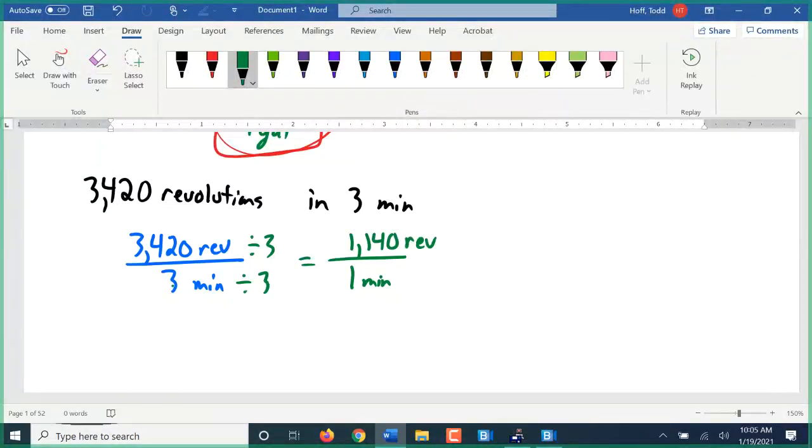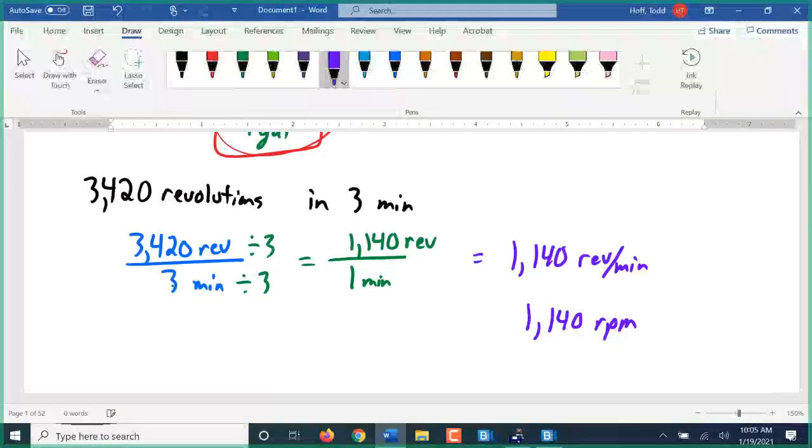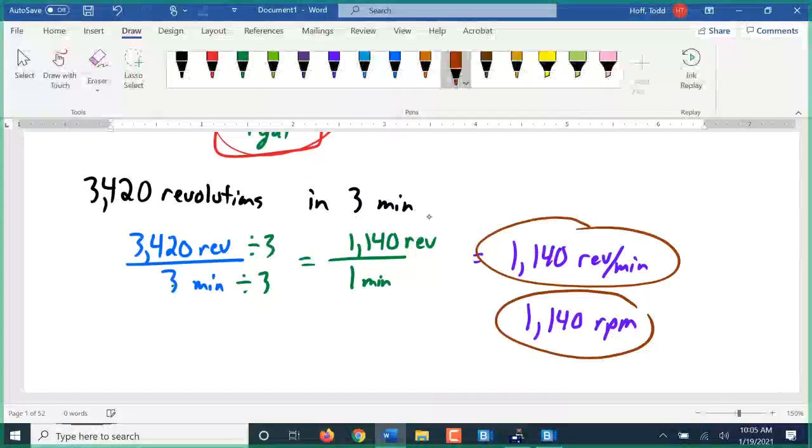So it's 1,140 revolutions in 1 minute, or 1,140 revolutions per minute, or 1,140 RPM. Again, if we see either of these two, we need to be thinking this, because this is the form needed to do calculations.